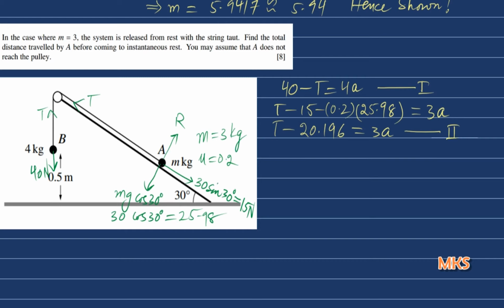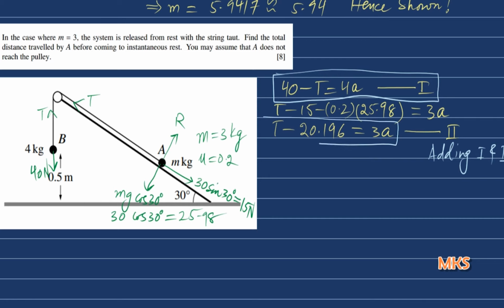Now, by adding 1 and 2, 1 आपके पास थी ये वाली इक्वेशन और 2 है हमारे पास ये वाली इक्वेशन। तो जब हम इन दोनों को ऐड करेंगे T will be cancelled, we will have 40 minus 20.196 is equal to 7a.